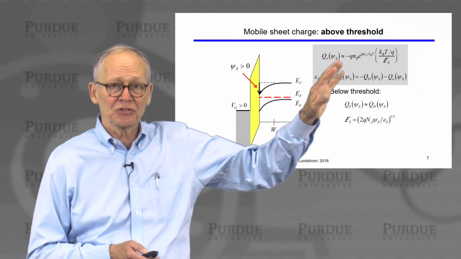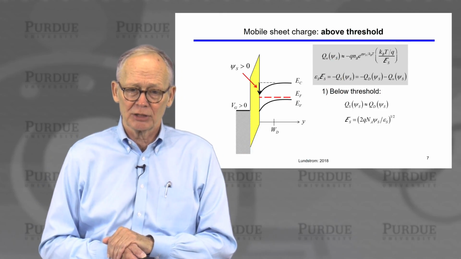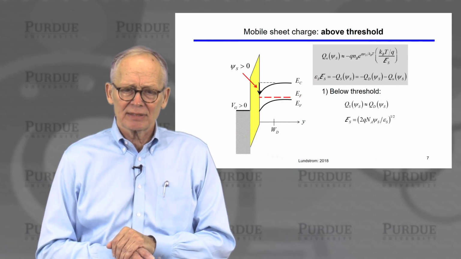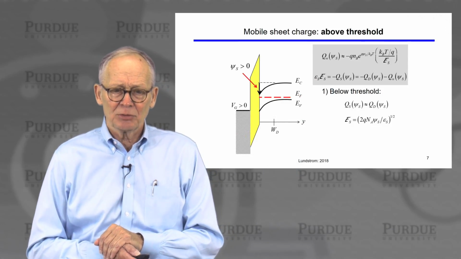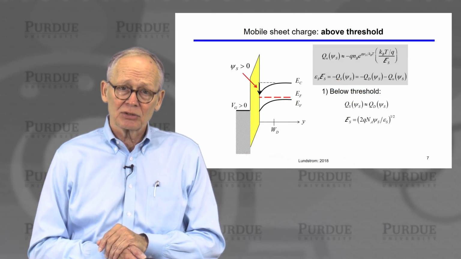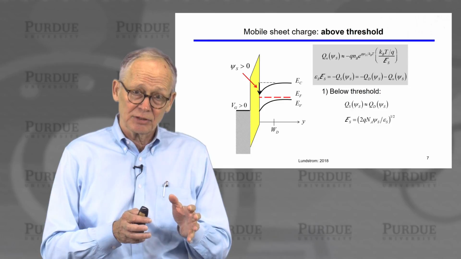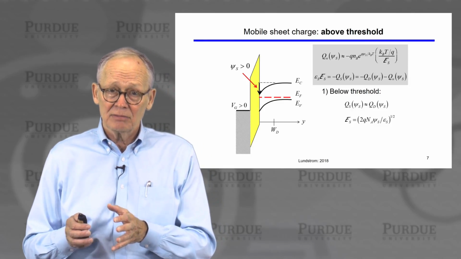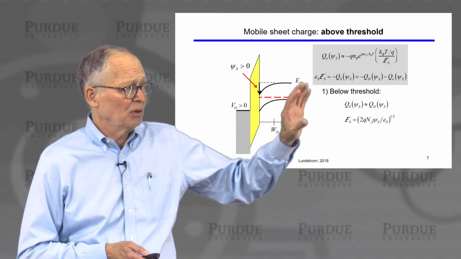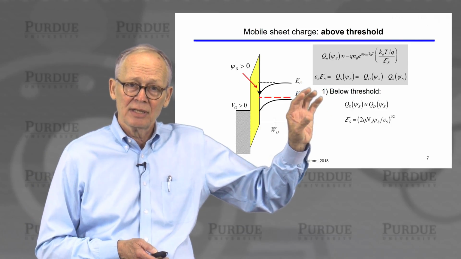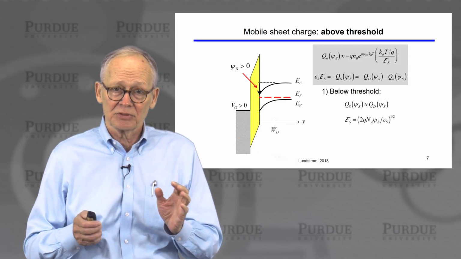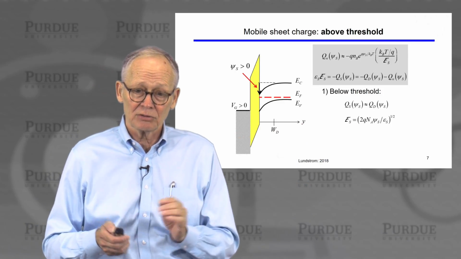So we'll begin with our same expression for the total charge. Above threshold, if we look at MOS electrostatics, it's a little bit different now, because we have to account for all of the charge. Above threshold, the charge in the semiconductor consists of the depletion charge and the inversion charge. It's the inversion charge now that we're interested in. Below threshold, the depletion charge dominated, so we could evaluate the electric field simply with depletion approximation results.